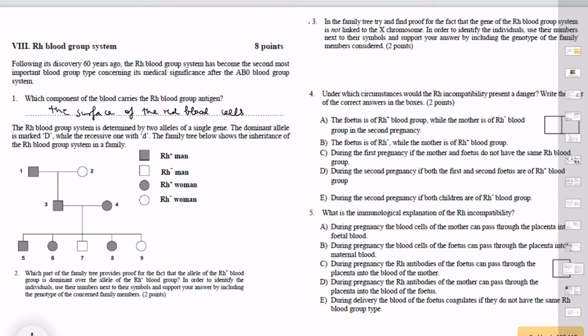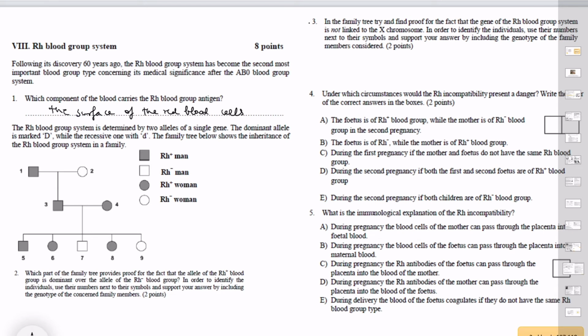And what you need to know is that the circles are always indicating the females and the squares are going to be the males. And in this case, the dark signs are going to be the Rh positive individuals, while the empty ones will be the Rh negative.